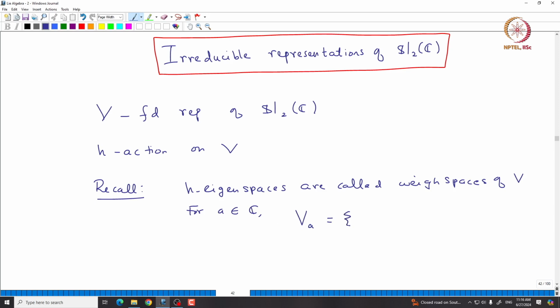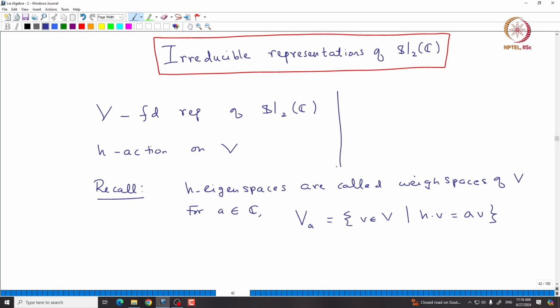That is, by definition, those vectors in capital V such that Hv is given to be av. Here we still do not know whether H acts diagonally on V, but later we will prove that.